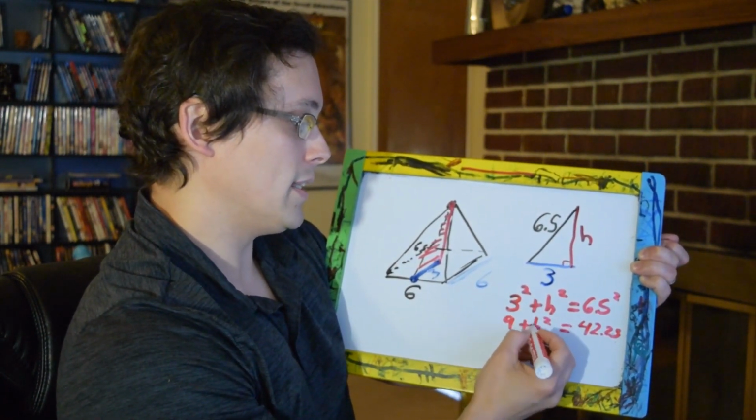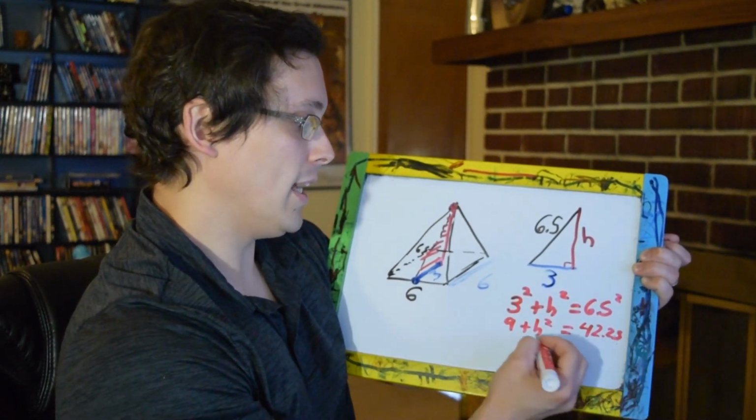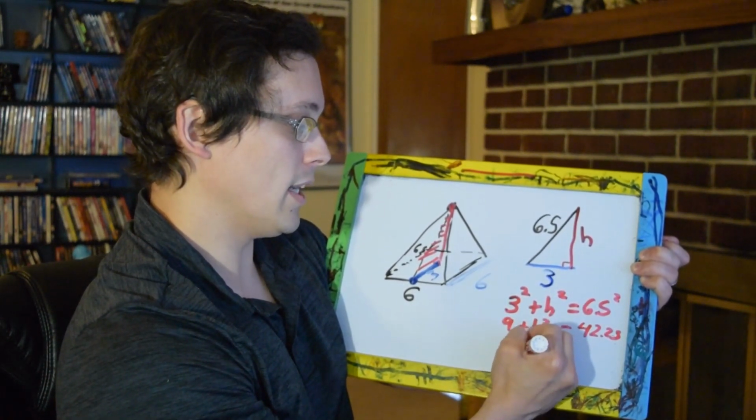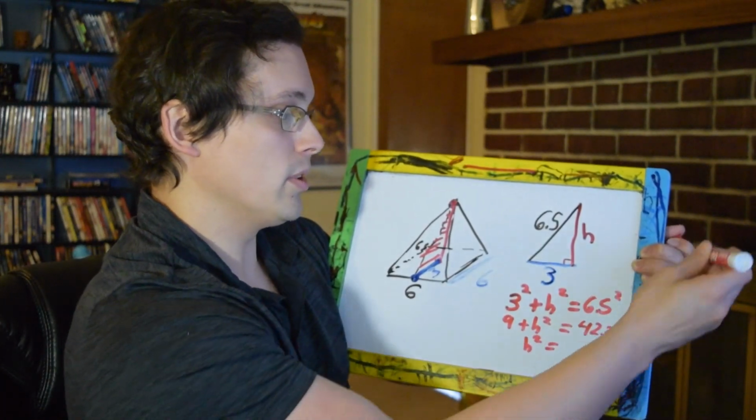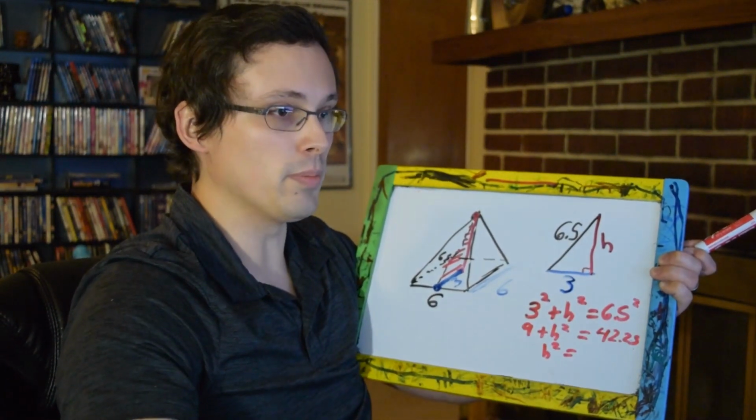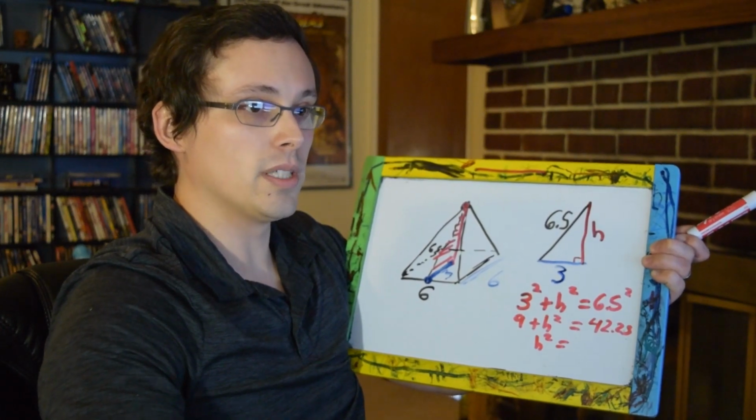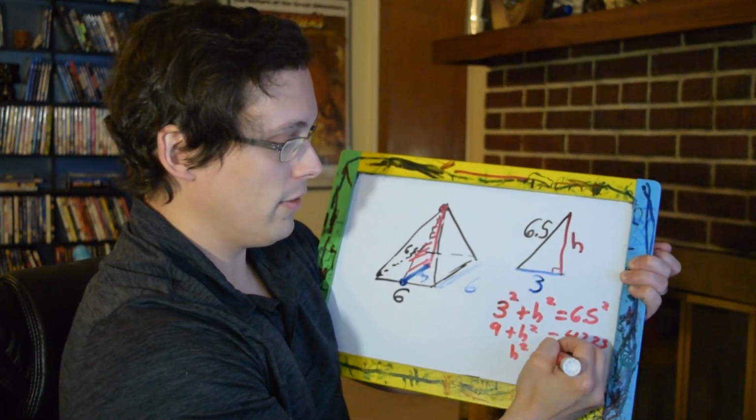So 9 plus h squared equals 42.25, and we take away the 9 from each side to get h squared equals 33.25.